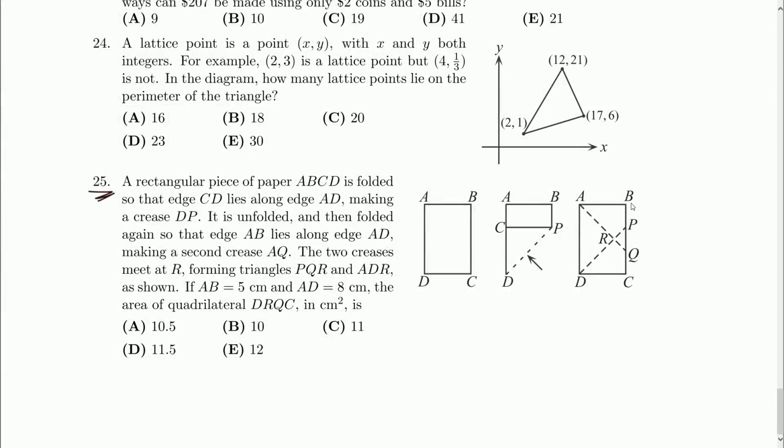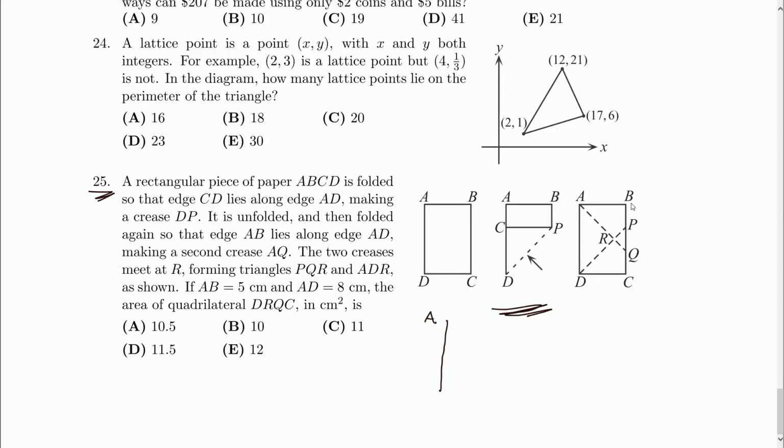A rectangular piece of paper, ABCD, is folded so that the edge CD lies against edge AD, so that's this picture over here, making a crease DP. It is unfolded and then folded again, but now so that edge AB lies along AD. So what would that look like?